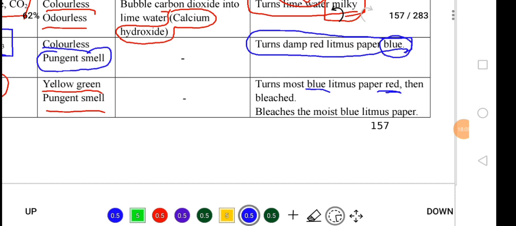From there, you are going to observe that this red color will then be bleached. Meaning, you expect that red color to change to something looking white. So we understand that chlorine is able to bleach the moist blue litmus paper.